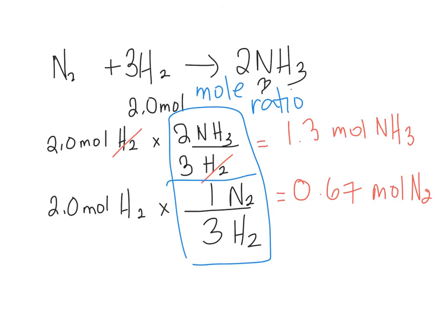So this is the kind of thing you have to be thinking about when you're trying to predict how much substance you want to make. If you're working in a chemical factory and you're a chemical technician, you're going to need to know how much stuff to put in to maximize your output. You don't want to just make it random because then you're wasting money because you're putting in chemicals you don't need.